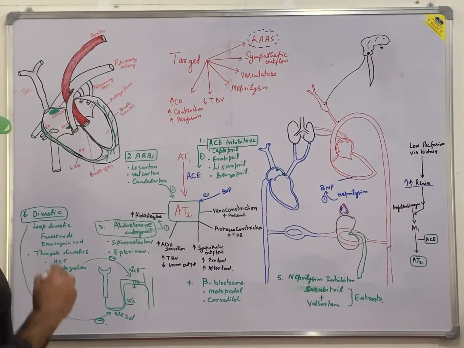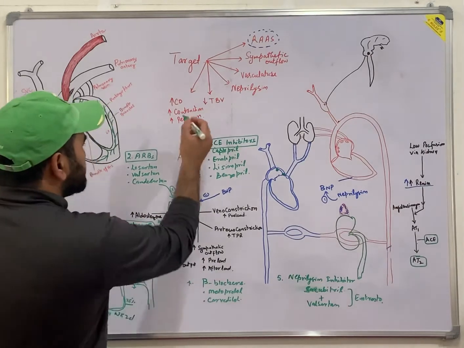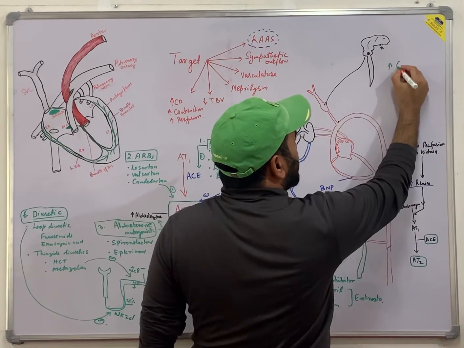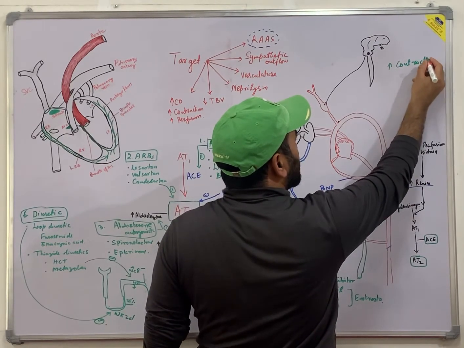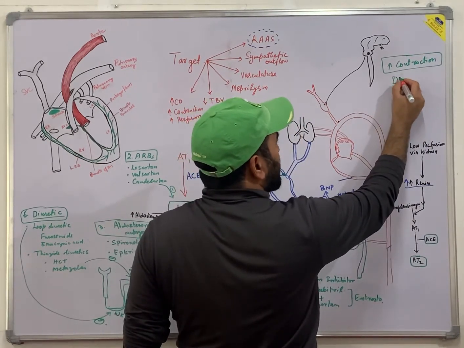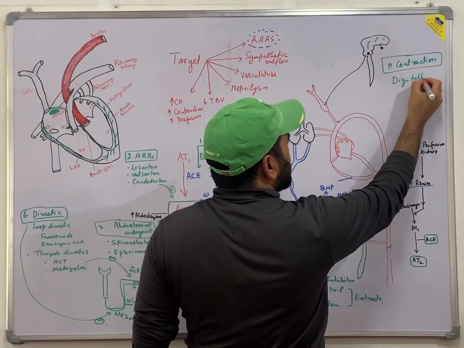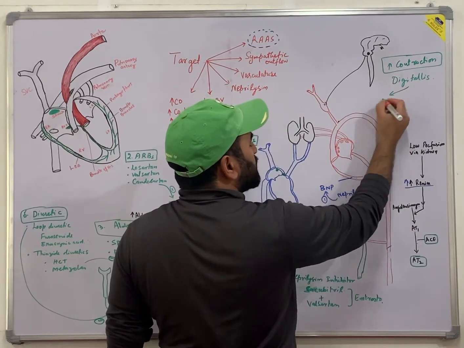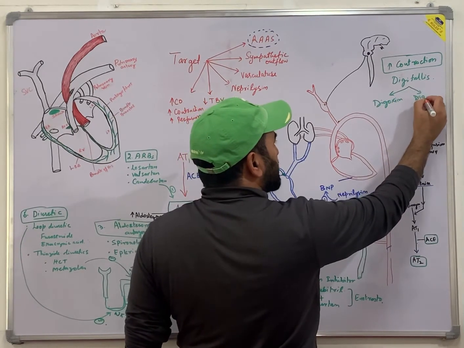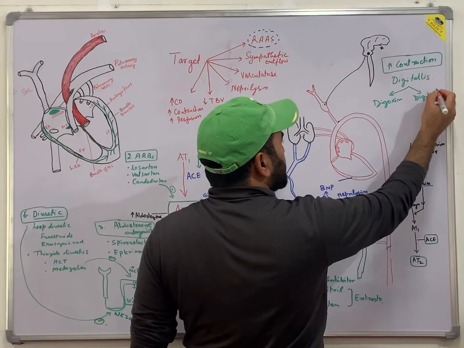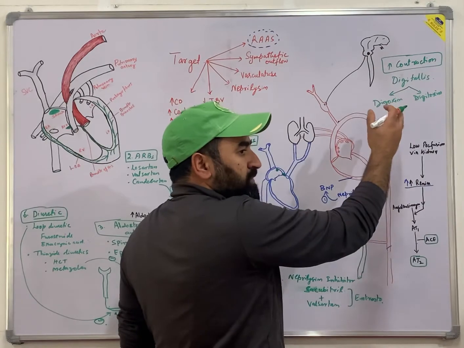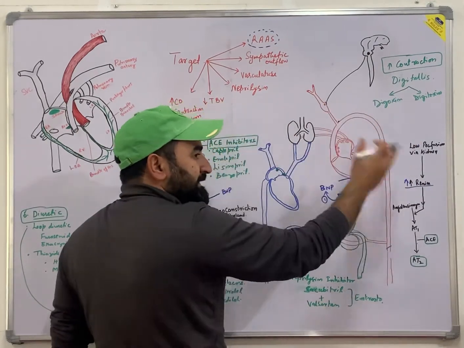Now you have to increase the contraction. Number 4, to increase the contraction, the drug of choice is digitalis. In digitalis there are 2, digoxin and digitoxin. Digitalis is the only inotropic drug which is given orally.